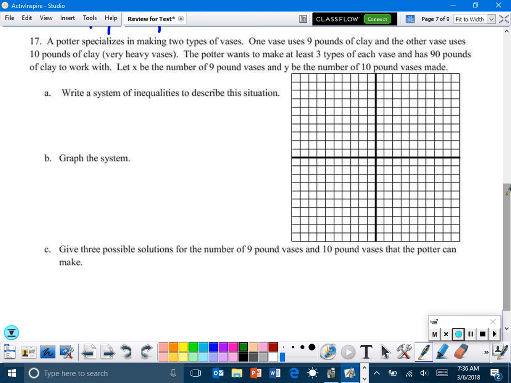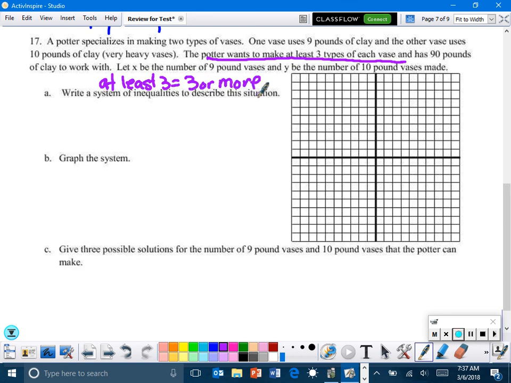All right, well, first of all, this wants to make at least 3 of each. And X is representing one and Y is representing the other. Remember, at least 3 means 3 or more.